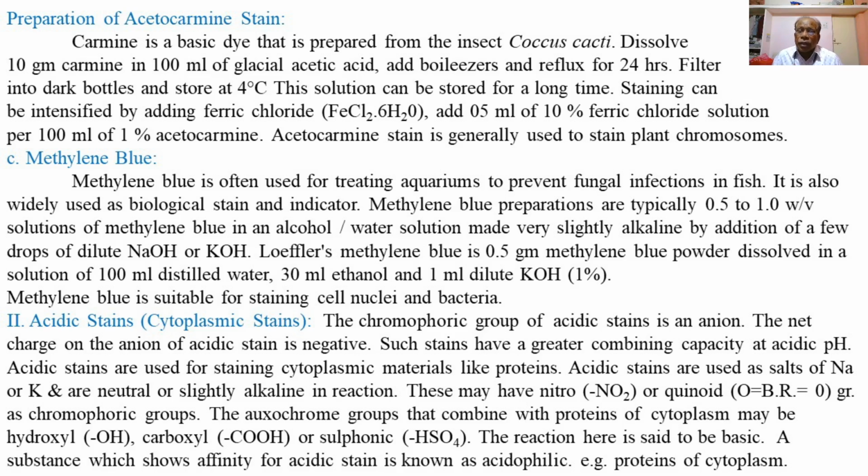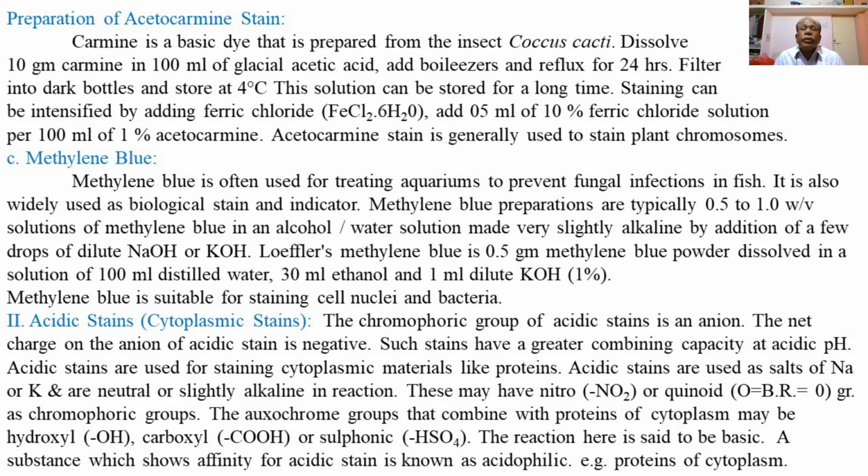Then the third type of stain, that is methylene blue, the third nuclear or basic stain. Methylene blue is often used for treatment of aquariums to prevent fungal infections in fish. It is also widely used as a biological stain and an indicator.